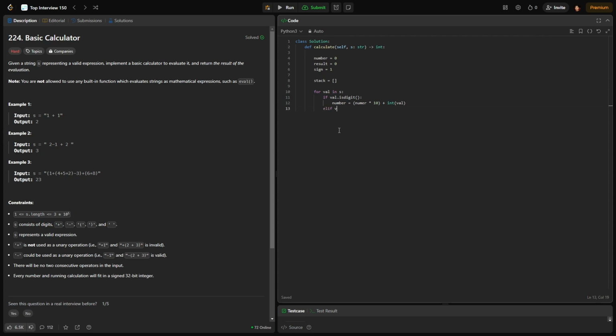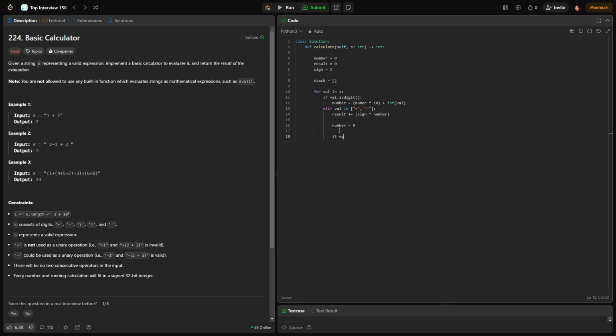Elif val in plus or minus, result plus equal to sign multiplied by number. Once we get that, we change our number to 0, because whatever number was stored, we have already added it to our result.